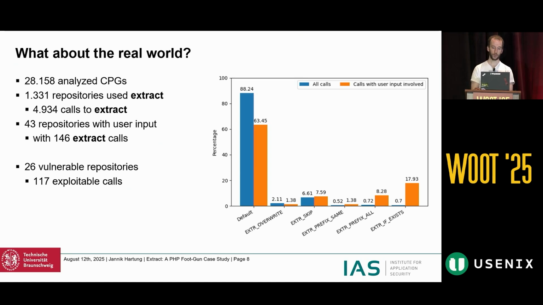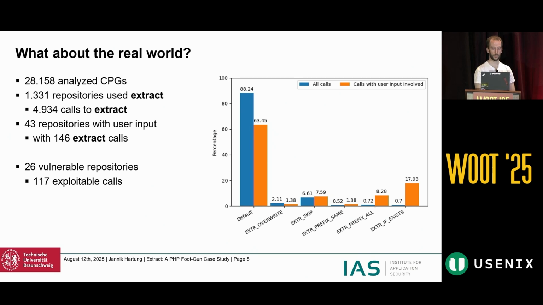This graph shows the blue bars, which are all the extract calls, the 1,300, around 5,000 extract calls. And the orange bars are just the 164 extract calls involving user input. So you see most people don't use the flags at all.